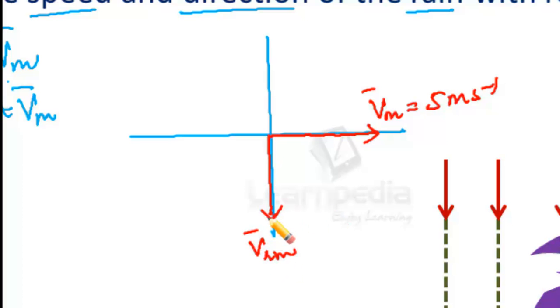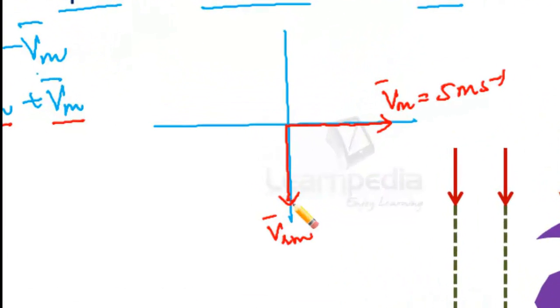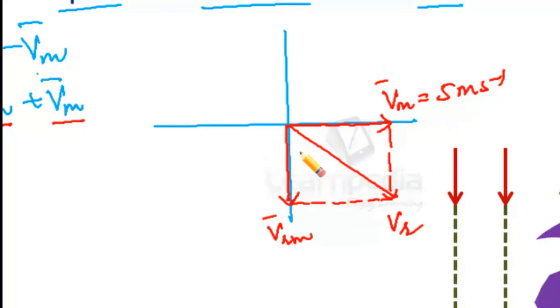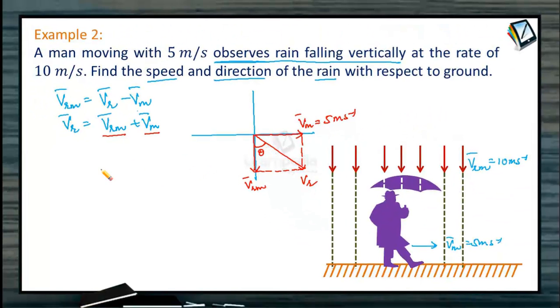And this is the velocity of man. Now if I add the velocity of rain with respect to man to the velocity of man, we will get the velocity of rain. So we need not reverse the direction; just draw a parallelogram and take the resultant. This is the velocity of rain. With respect to the vertical, it is falling at an angle theta. So what is the velocity or the speed of the rain?